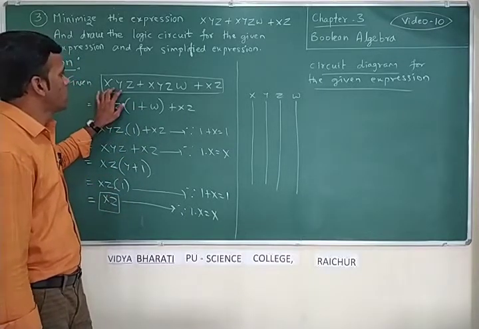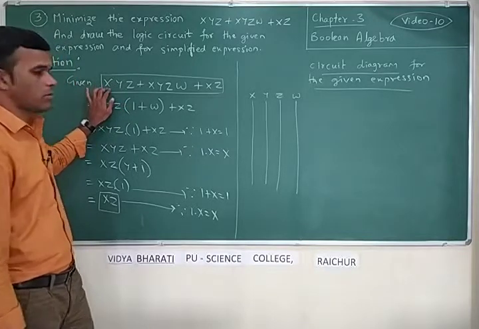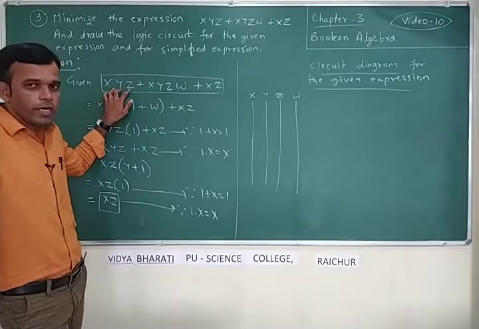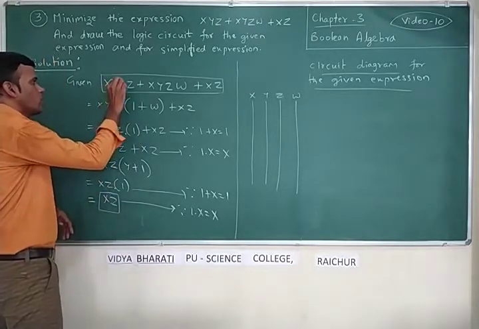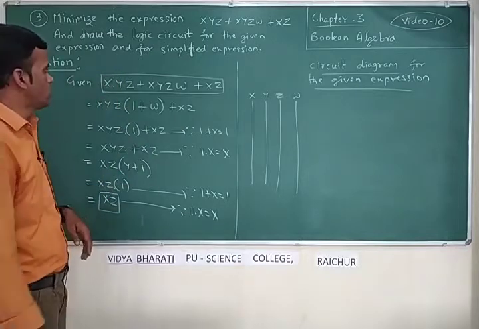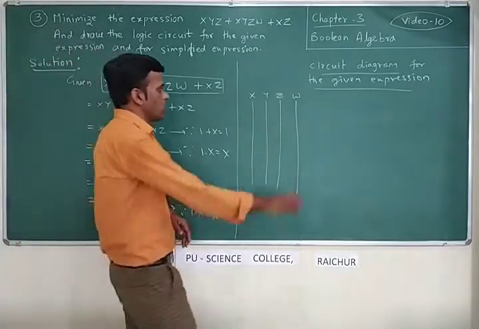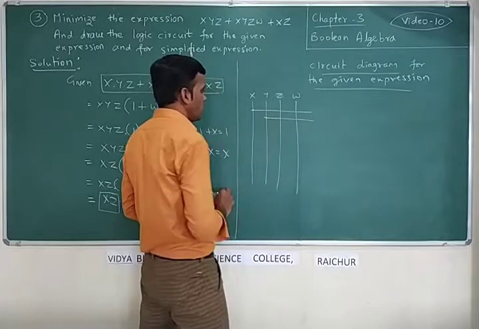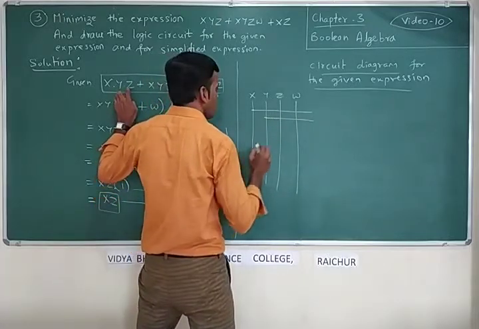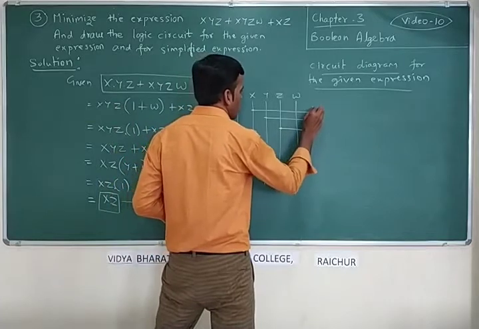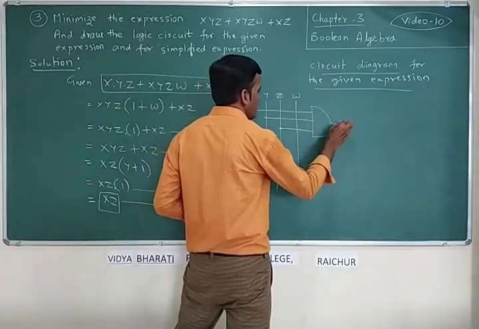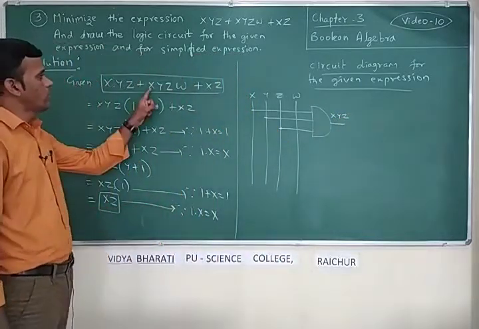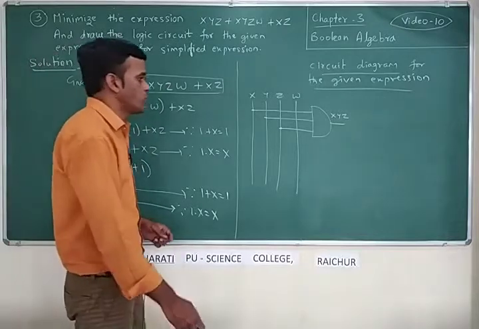Now we'll go one by one. Let me consider this term first, X Y Z. So it is a 3 input AND gate. The lines are X, Y, and one more signal, the variable Z. Here we get X Y Z. Next we need X Y Z W, a 4 input AND gate.